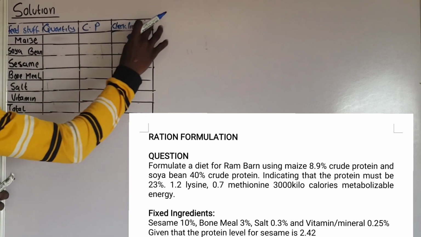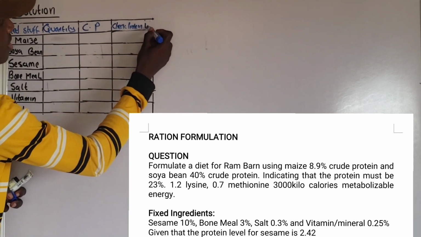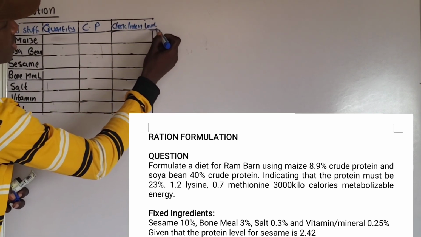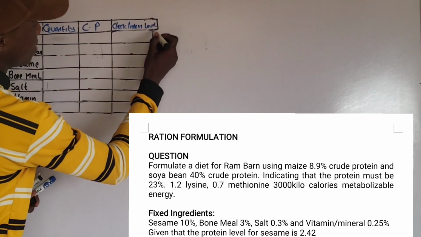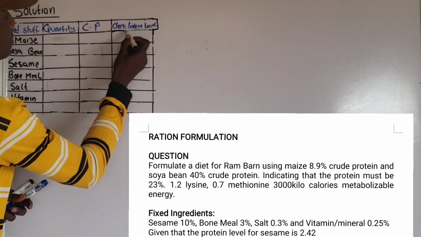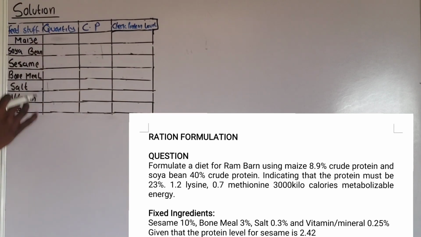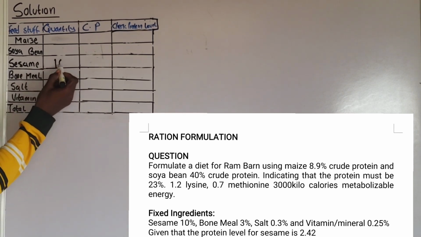So yeah, I'm going to have, let me put level, because it cannot contain it, so I will just have to drag it small. Okay? Now, for this, are we given the maize quantity? We are not given the maize quantity, so we are not given the soya beans quantity as well. But we are given that sesame is 10%, so I'm going to have 10 for sesame.